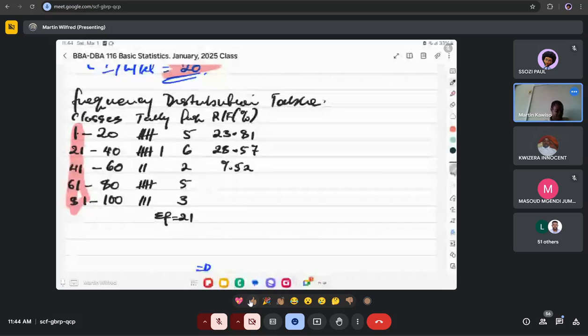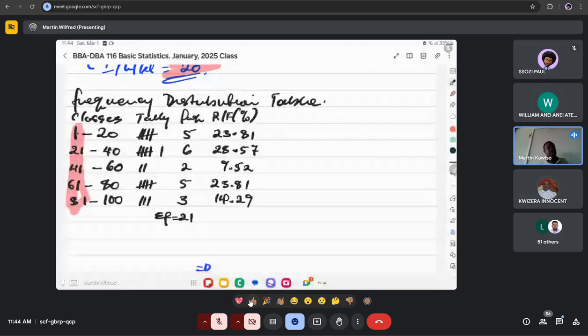Then 3 divided by 21 gives 14.29. So that when we add that, this should be giving us 100%.